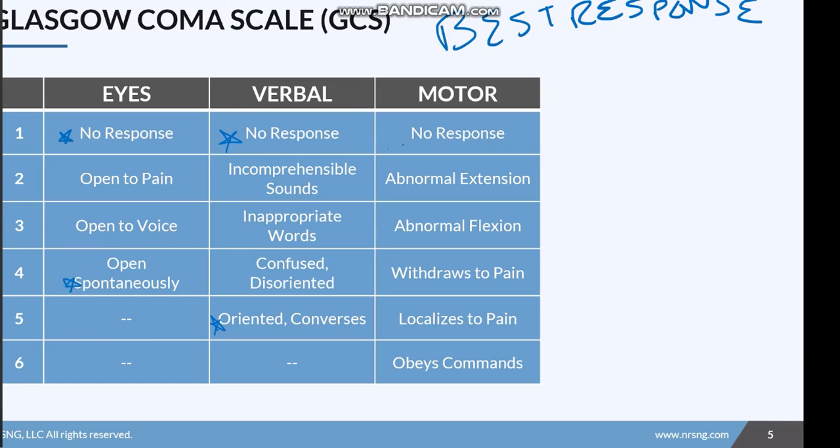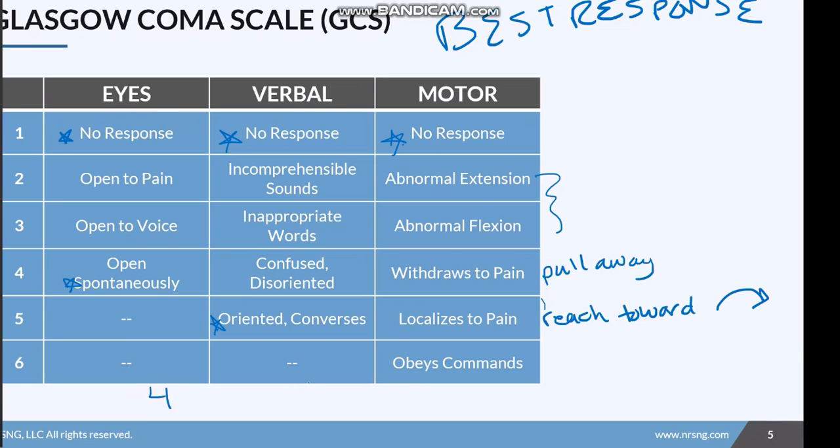And then motor response gets a 1 for no response at all, a 2 and 3 if their movements are abnormal, which we'll look at in just a second. 4 if they withdraw, which means that they pull away from the pain. 5 if they localize, which means that they reach towards the pain. Now, usually we say they have to reach across midline to be able to give them credit for localizing. And a 6 if they obey commands.